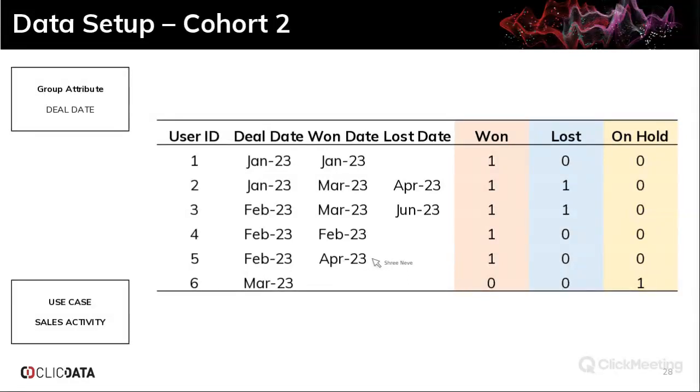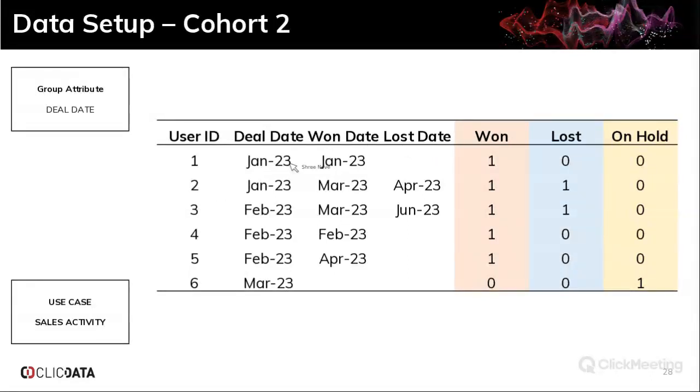If the deal is not in either of the first 2 statuses, I know it's on hold. So here we are using simple calculations to create 3 additional columns, which classify the deal based on the state and look at 3 different date columns to come up with that particular classification.